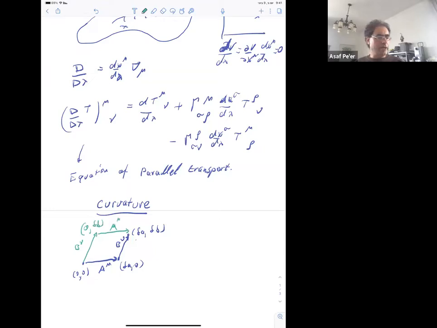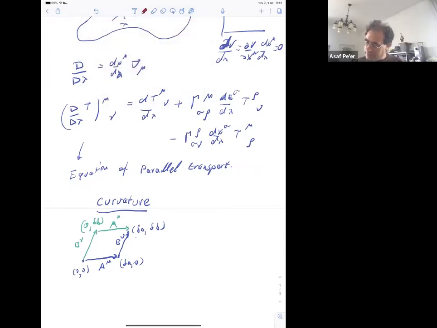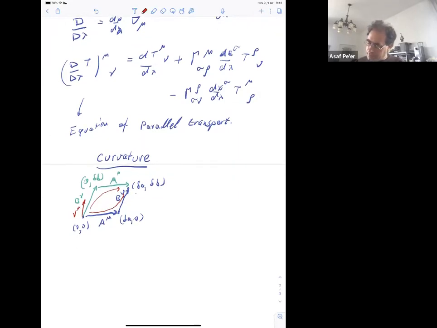And we saw that when we take a vector V and do this parallel transport along the first path and along the second path, we know that the change in the vector, let's use sigma because I already used mu, should be linearly proportional to V sigma.